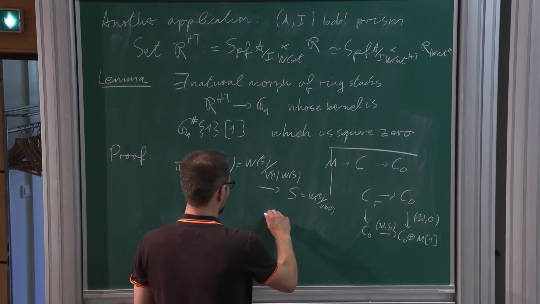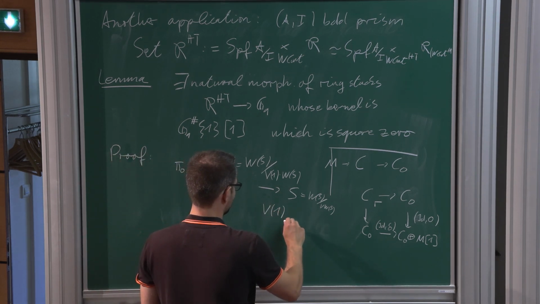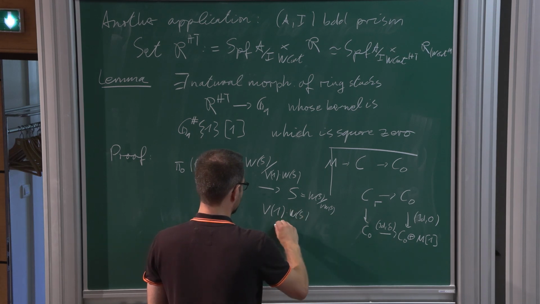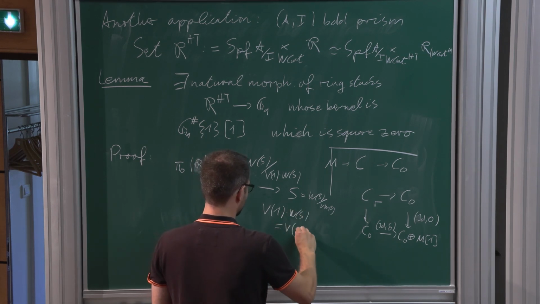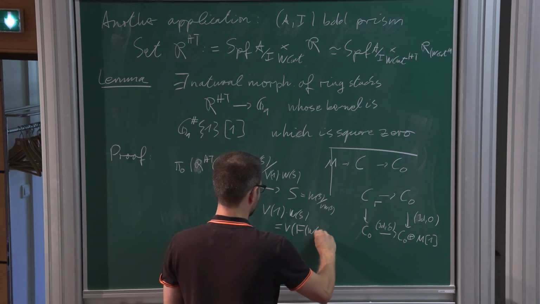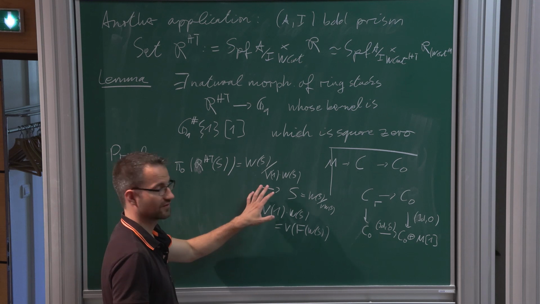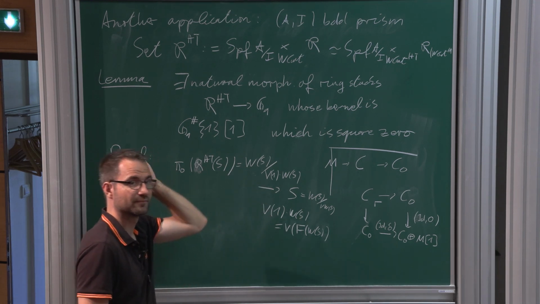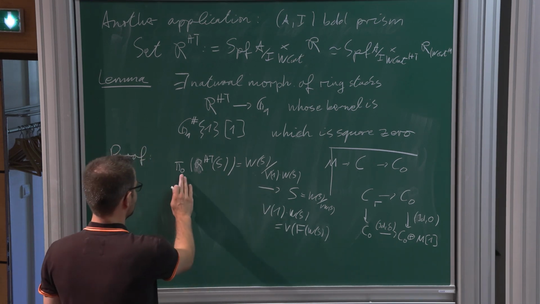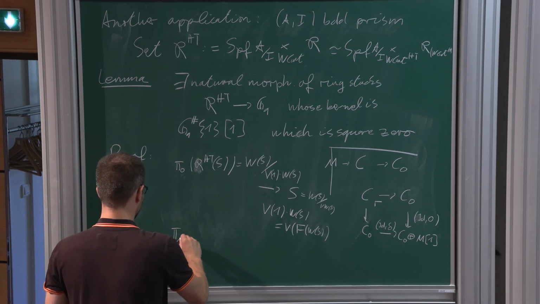The point is that V1 of WS is the same as V of F of WS. So at least faithfully flat locally, these two agree, and therefore they agree as sheaves. Okay, so this clarifies the pi 0, and now the pi 1.